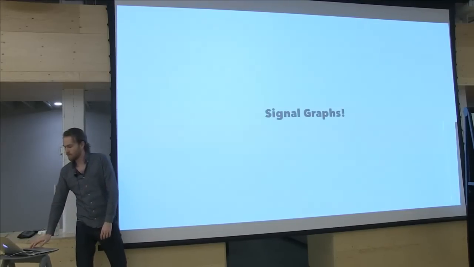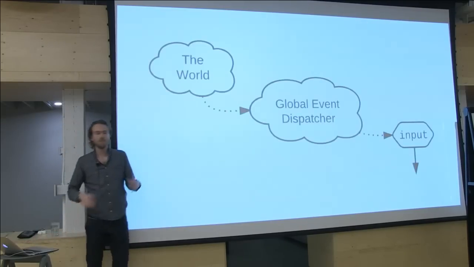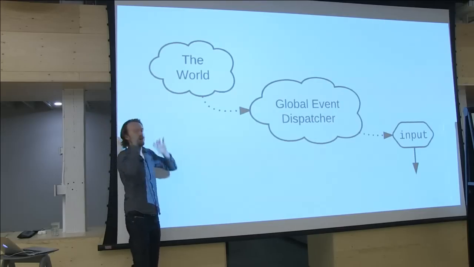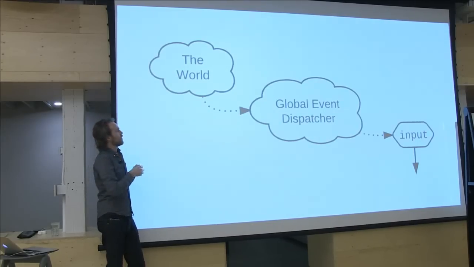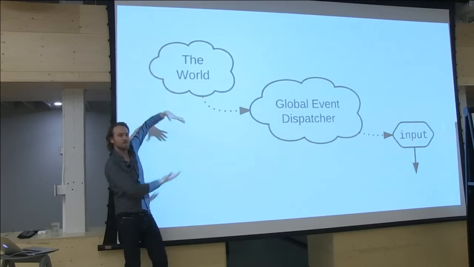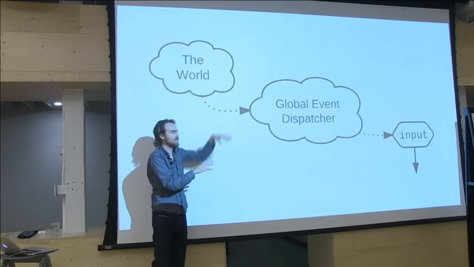Okay, so let's get into some graphs. In Elm, you have the big scary world of events, and they are in all sorts of weird orders, and it's hard to reason about anything. Then they come into something called the global event dispatcher.